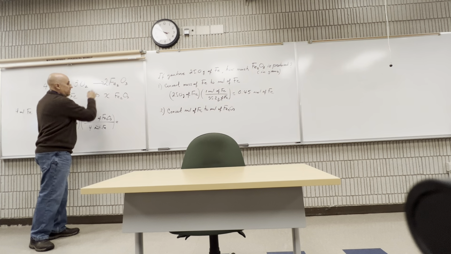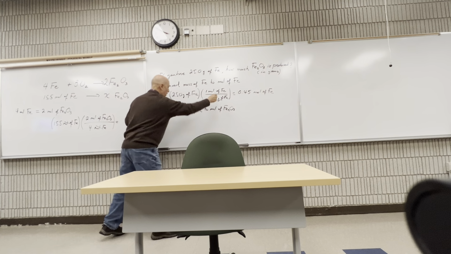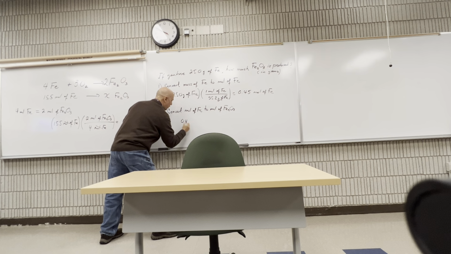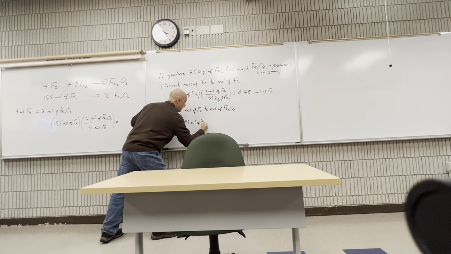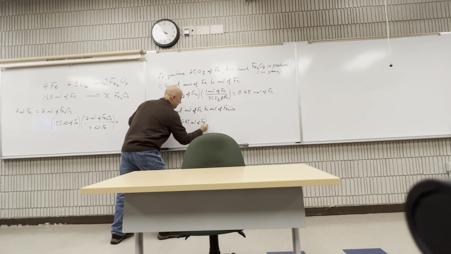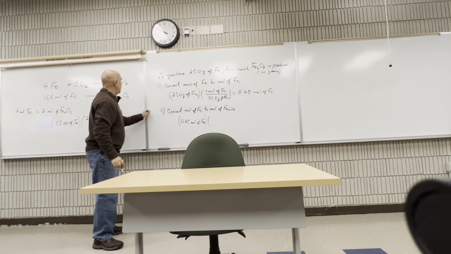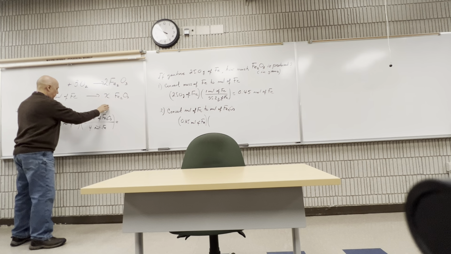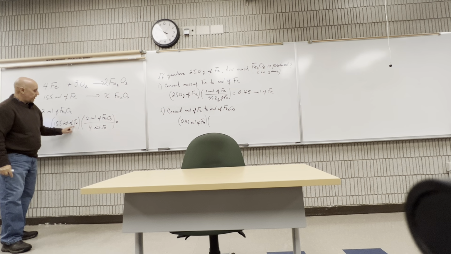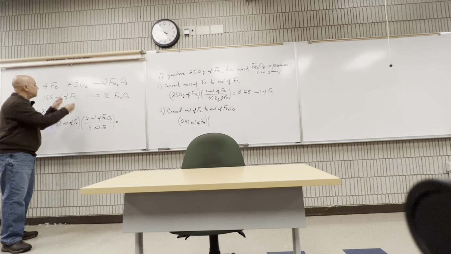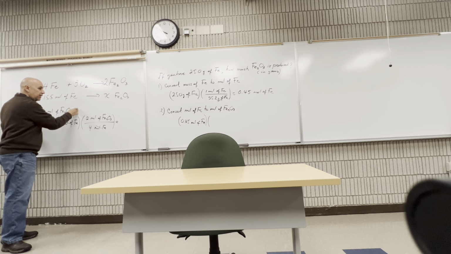And for that we need the stoichiometry again. We have 0.45 mole of iron. I know from over here before that my conversion factor is this one right here. So I did that before, but again, it comes from the equality that I have right here.